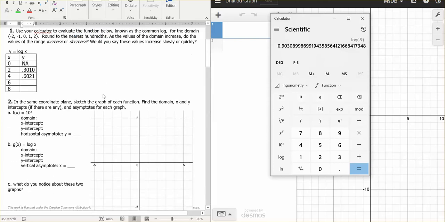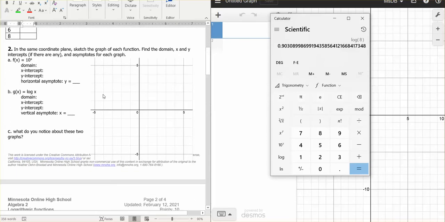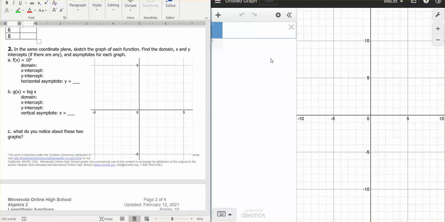All right, I'm going to move on to number 2. This is why I have Desmos open. In the same coordinate plane, sketch the graph of each function. Find the domain, that's the x values that are allowed, the x and y intercepts if there are any, and the asymptotes for each graph. An asymptote is the line that the graph approaches but does not cross. So I need to type in f of x equals 10 to the x.